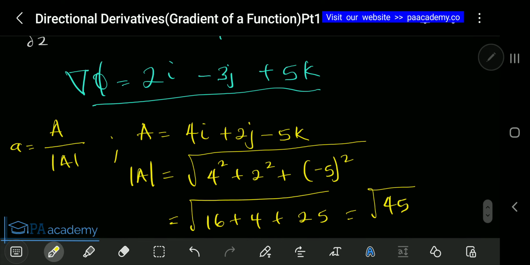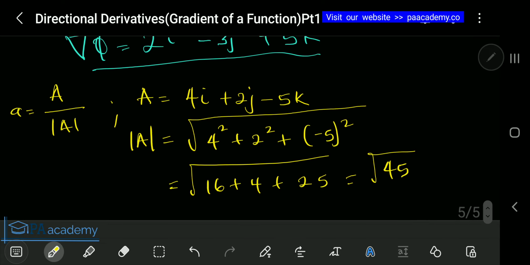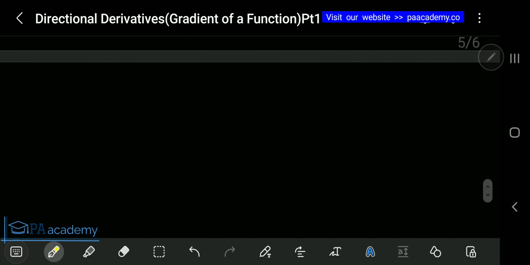Alright, so now we can go ahead and calculate our directional derivative.